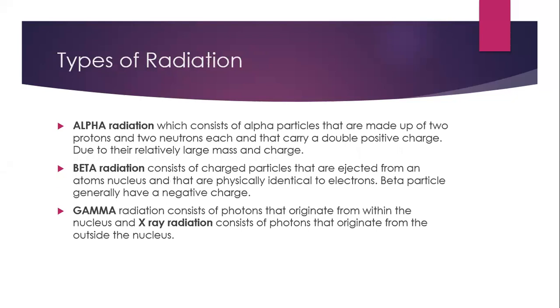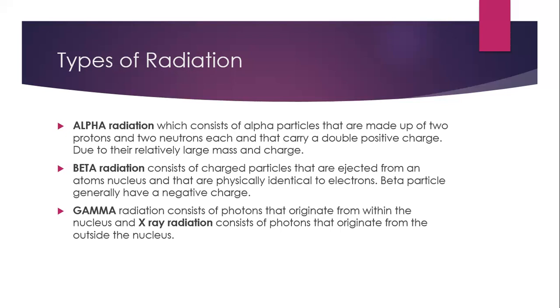The types of radiation: alpha radiation, beta radiation, and gamma radiation. Alpha radiation consists of alpha particles, which are made up of two protons and two neutrons each, and carry a double positive charge due to their relatively large mass and charge.